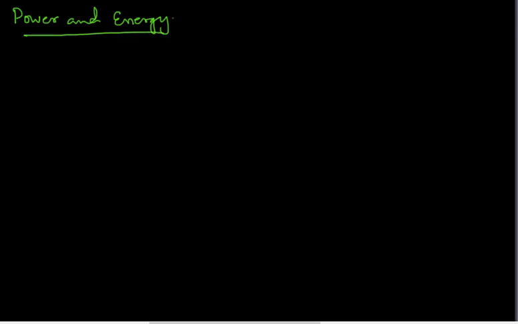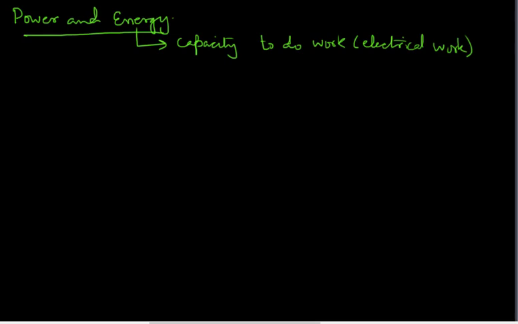So we start with energy, and you know that energy is the capacity to do work. So energy is simply the capacity to do work. And when we say work in our course, it means electrical work. So it can be running a motor or lighting up an incandescent lamp. This is energy.